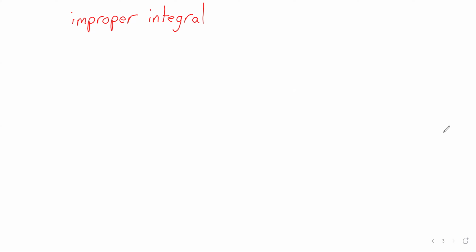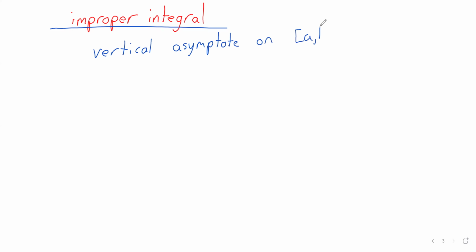But to start with, we're looking at the case where we've got an integral from A to B and there's a vertical asymptote somewhere on the interval from A to B. And this case breaks down into sub-cases because the vertical asymptote can be in a few different places.